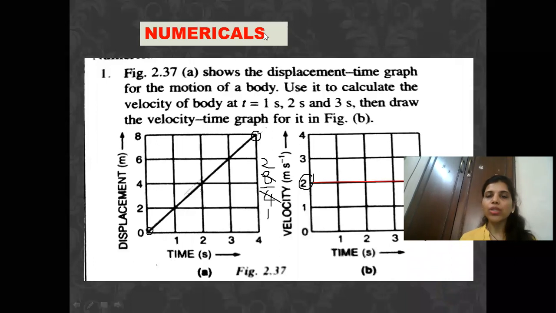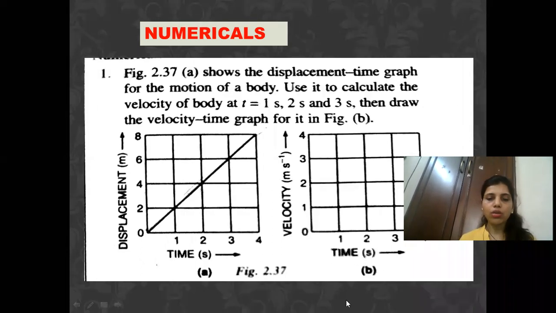As I told you, I'll be revising with you first whatever graphs we have done previously. So I'm going to revise everything and then go to the next part.